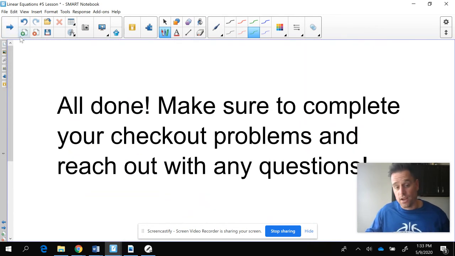Guys, that's it. What I'd like you to do, I only gave you 3 problems, 3 checkout problems, pretty simple. And the reason why it's a little bit easier is because the final checkout is going to be a little bit bigger. I made it a little bit bigger just so it's going to tell me, do you really understand this or not? I went back and forth. Do I test you on this or not? I've just decided with all this craziness and with this once in maybe a lifetime thing that we're going through, I'm just not going to give you a test.